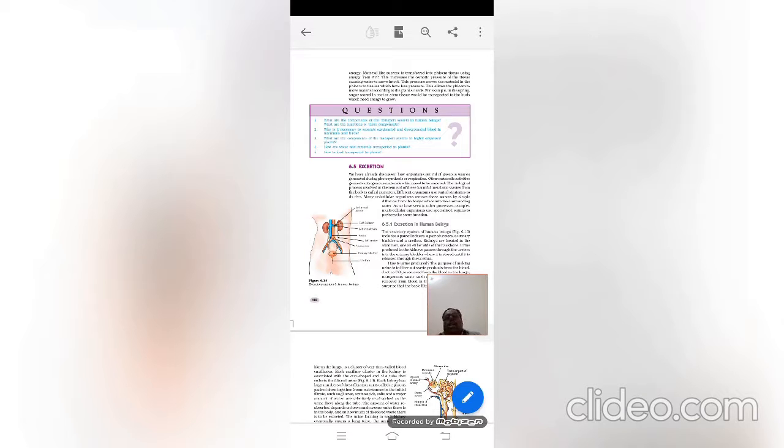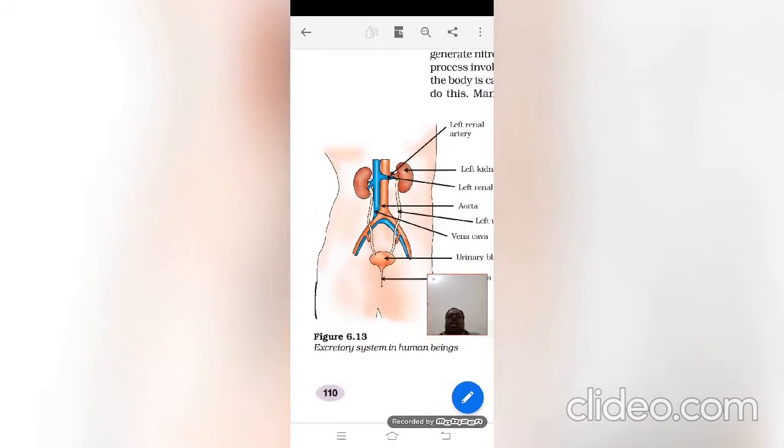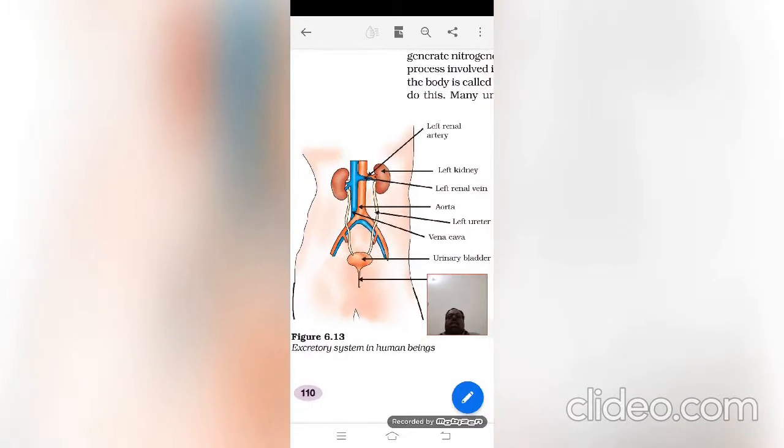The major organ responsible for excretion in humans is the kidney. If you see the diagram, you can understand that. There are two kidneys, located on both sides at the back of the abdomen, attached to the backbone.